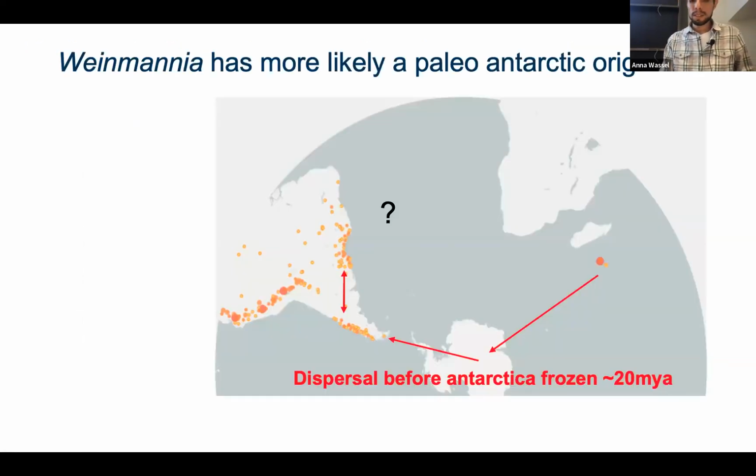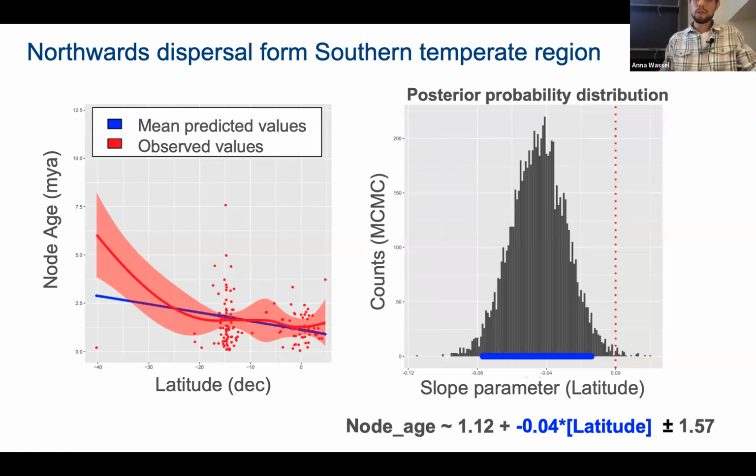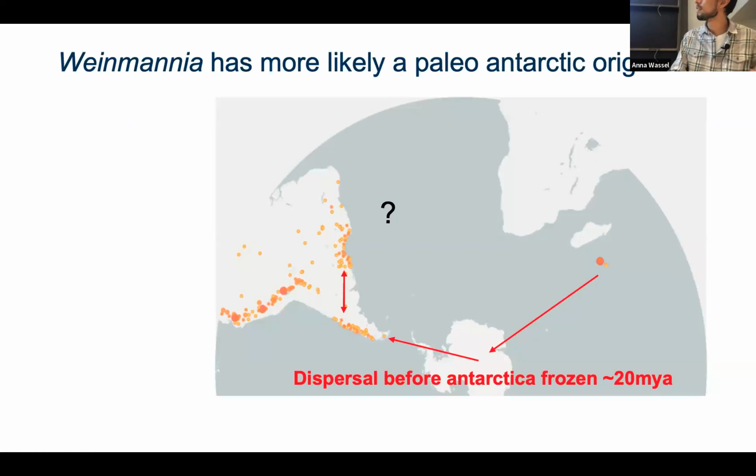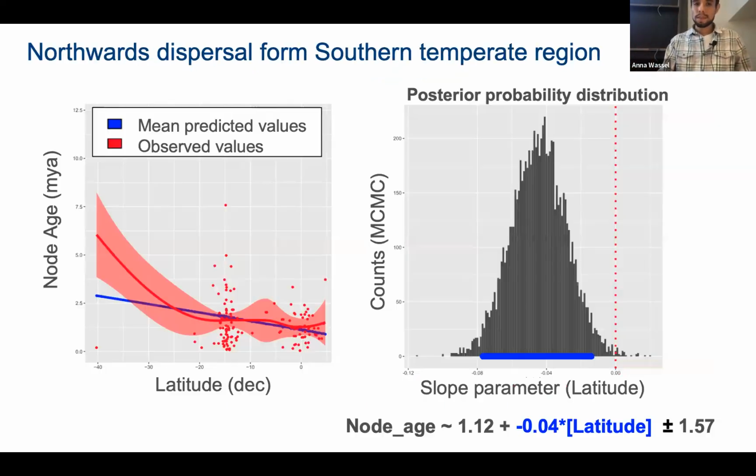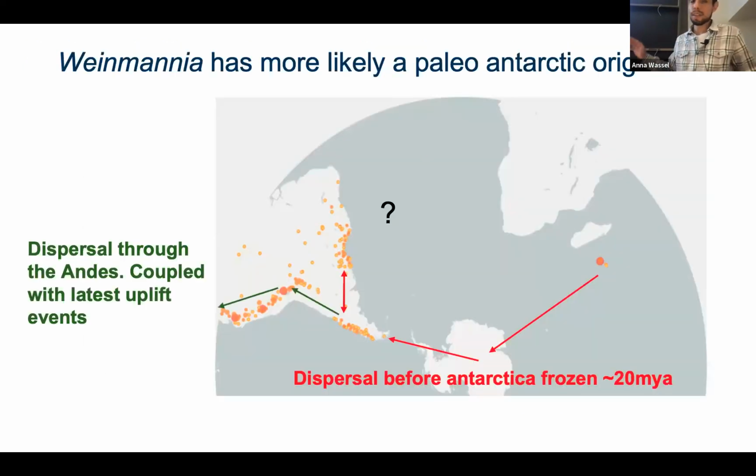And this result supports northwards dispersal from the southern temperate region, and also suggests a paleo-Antarctic origin of Weinmannia. So Weinmannia might have dispersed to southern latitudes in South America before Antarctica froze, around 20 million years ago. And from then, it might have dispersed through the Andes, probably coupled with the latest uplift events in the Andes.